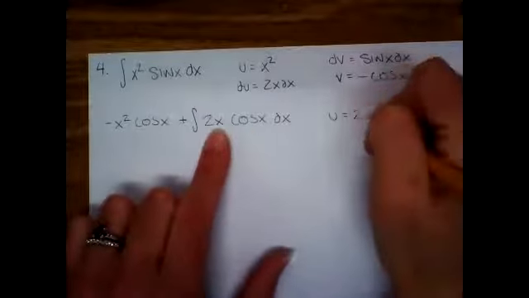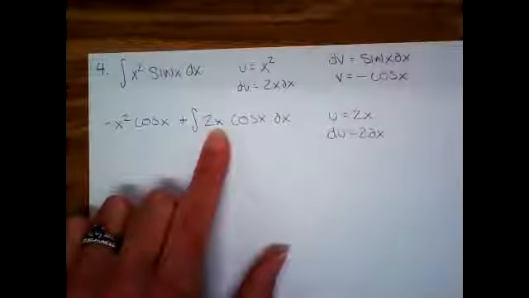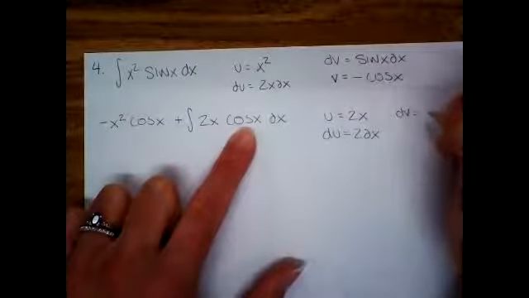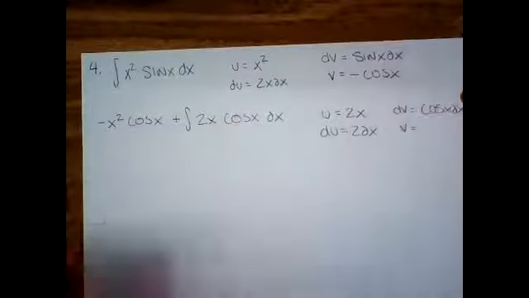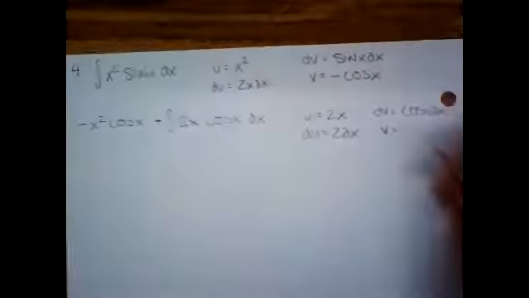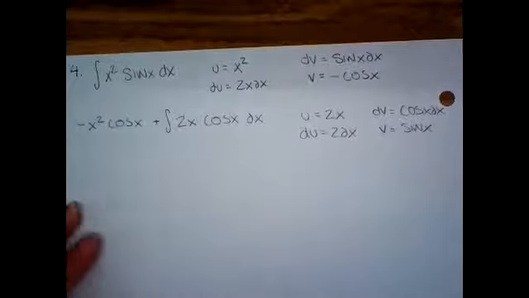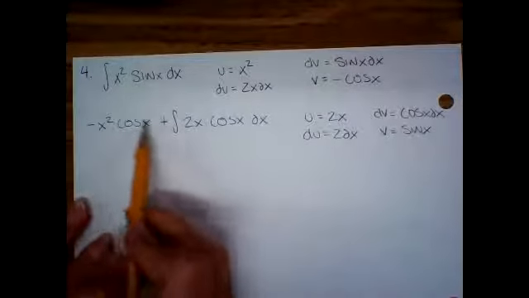But u is going to be 2x. So du is 2 dx. dv is cosine of x dx. And so what is v? Sine of x, good. I need to zoom out because there's so much here. All right, so do you see this first part? That's not changing.